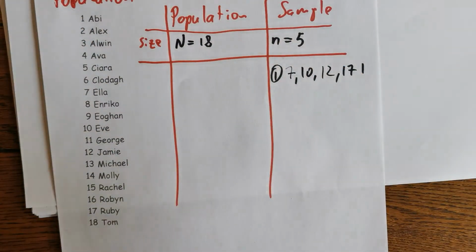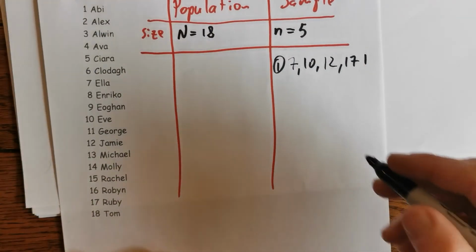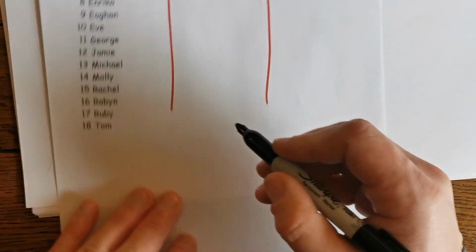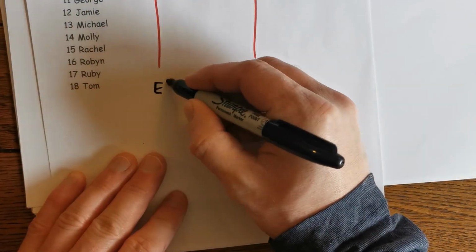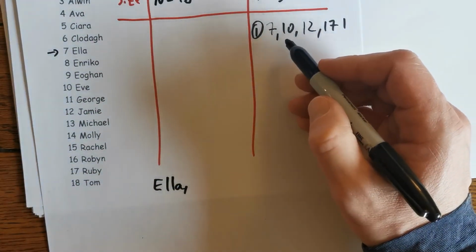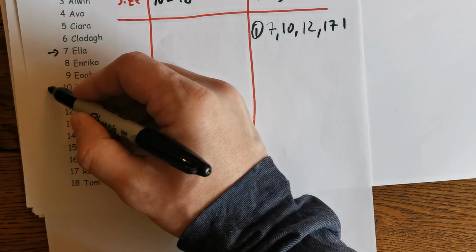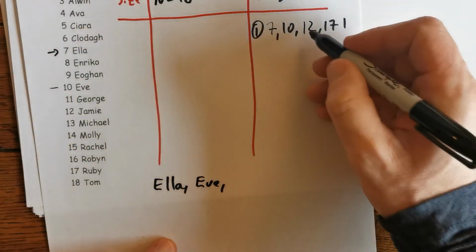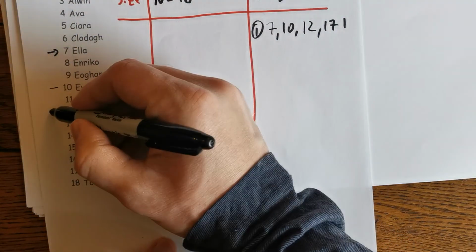So I'm going to look at who those 5 people are in my list. Person 7 first, that's Ella. So Ella will be in my sample. Person 10 is next, and that's Eve. So Eve is going to be in my sample. Person 12 is Jamie.